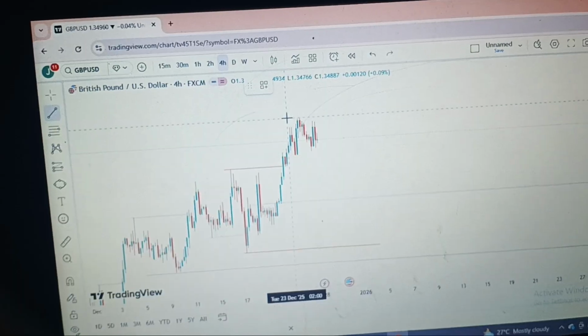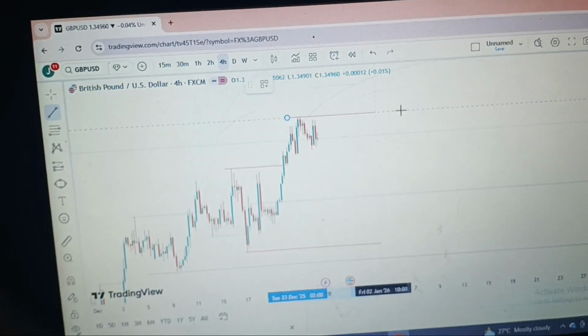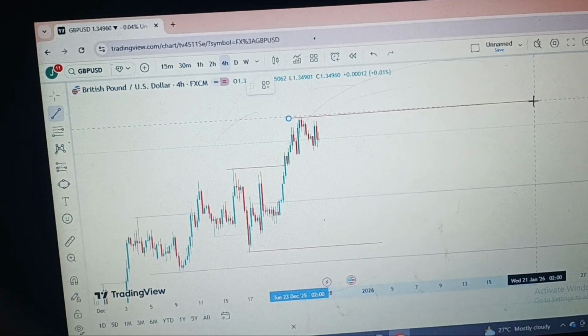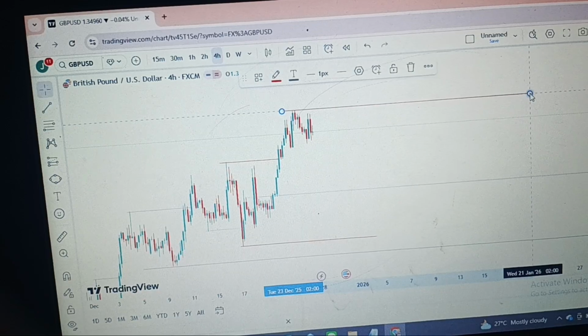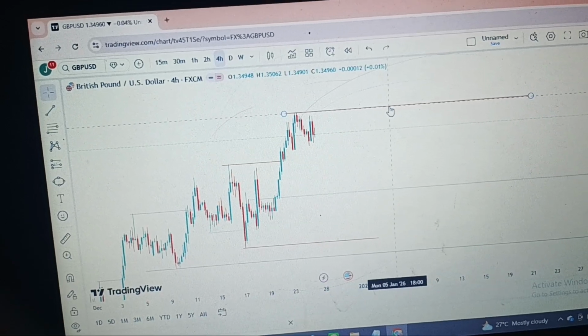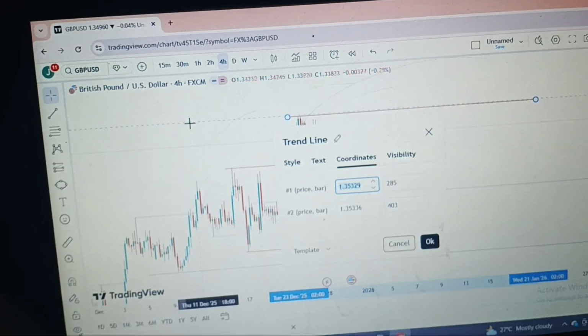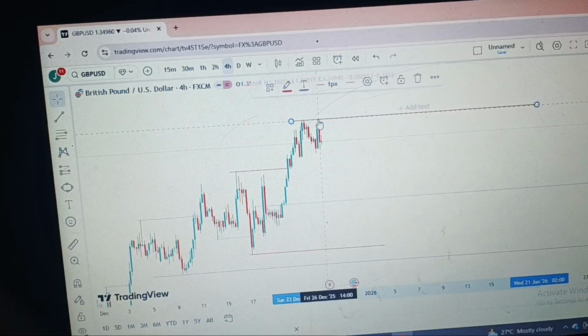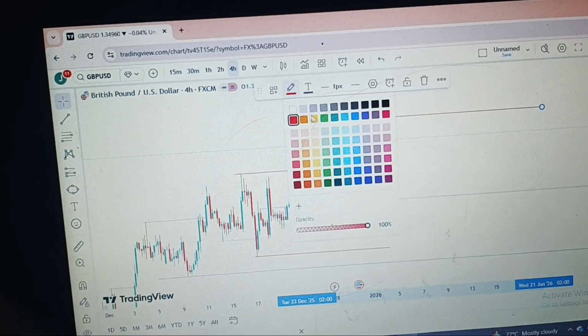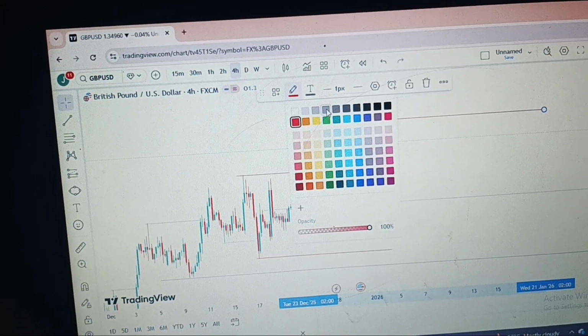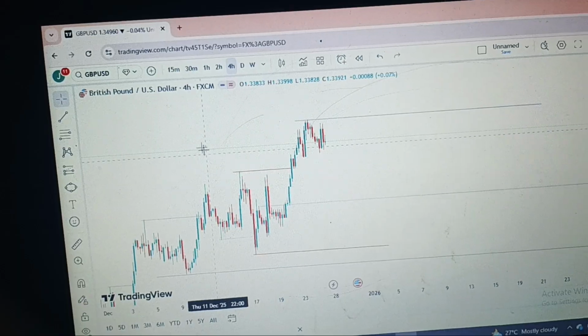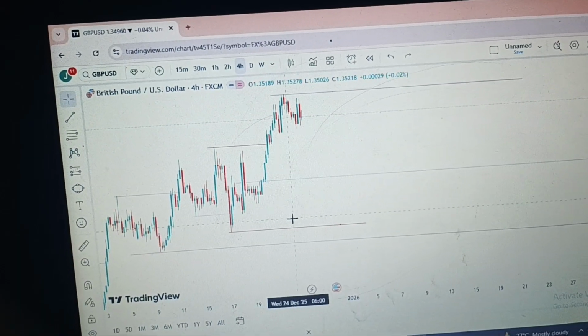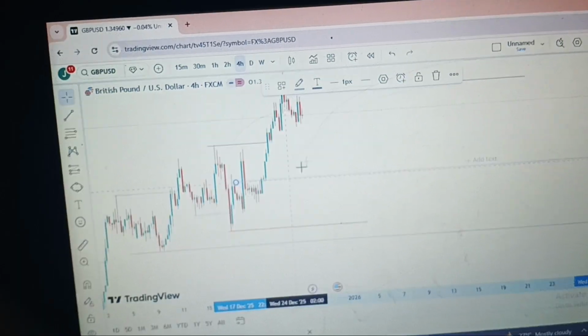We want to be able to pinpoint, we want to figure out our trading range. At this point, let me remove this.